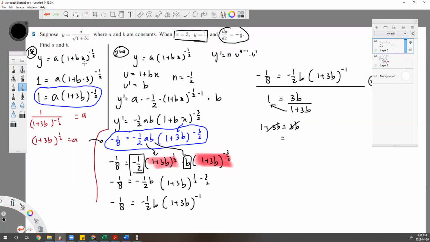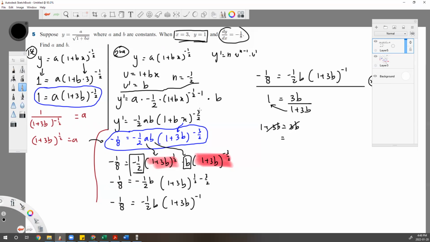When x equals 3, y equals 1. 1 plus 3b for negative half. So a equals 1 plus 3b itself, power half. And then the derivative using the formula: a times n times u prime x, u is 1 plus bx power negative half minus 1.